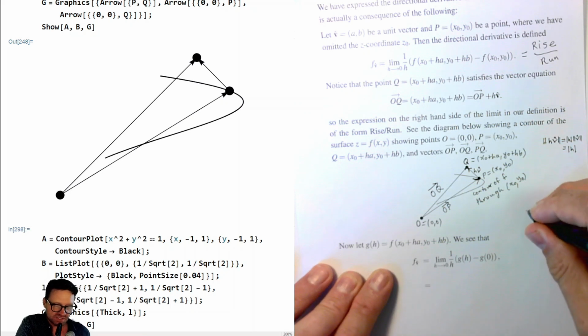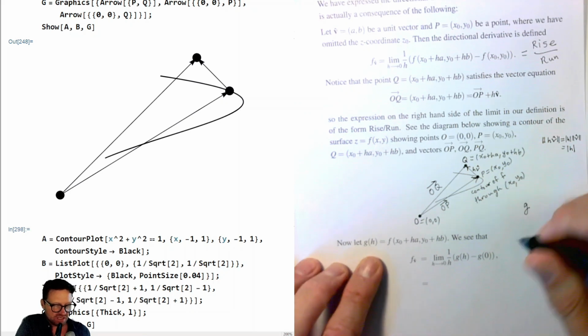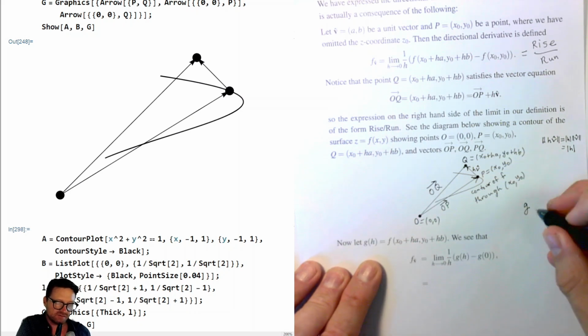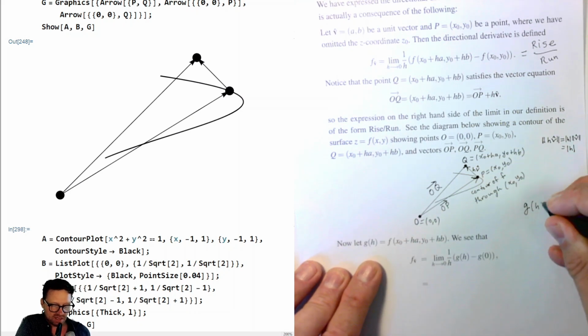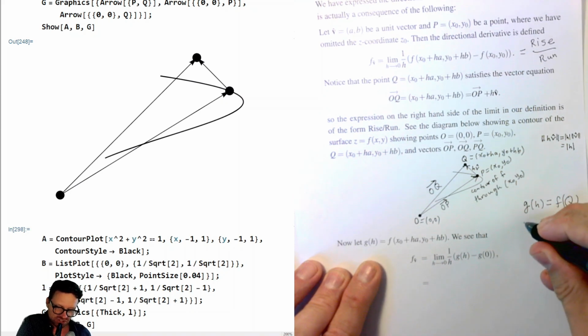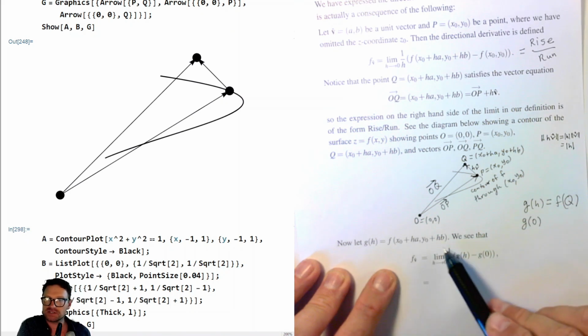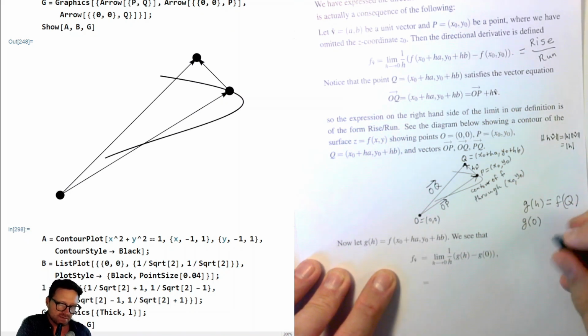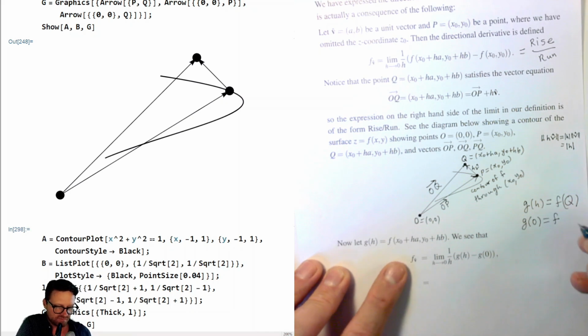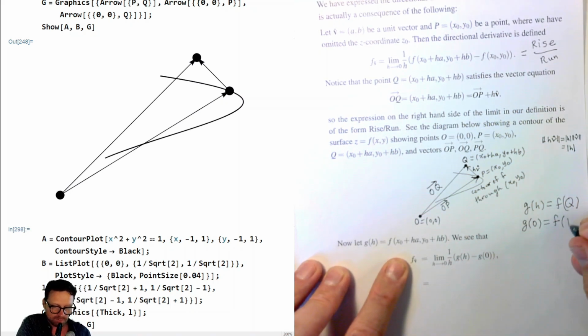In particular, g of h is f of Q, and g of 0, that is when h is equal to 0, if we sub in 0 here, then we have f of P, or f of x0, y0.